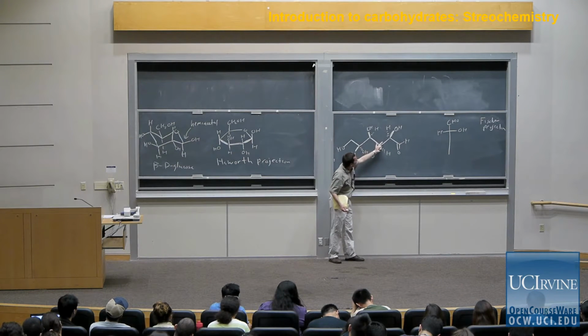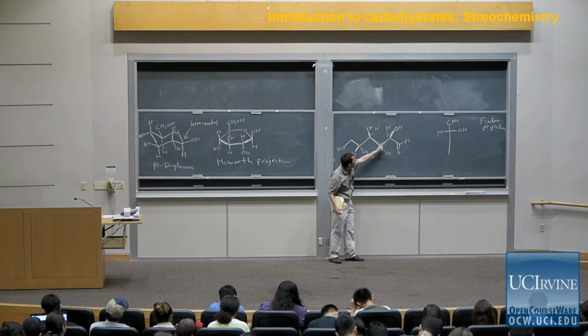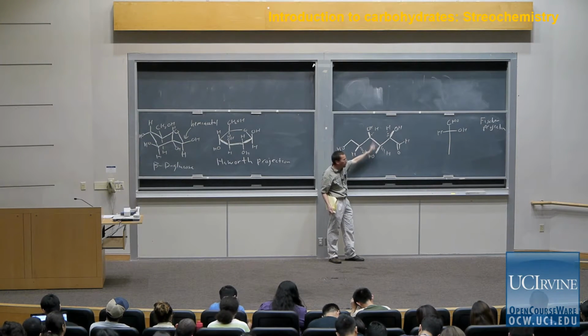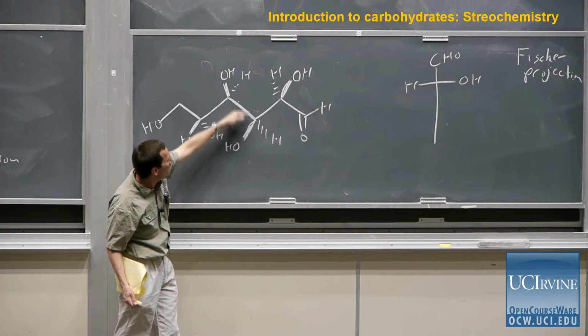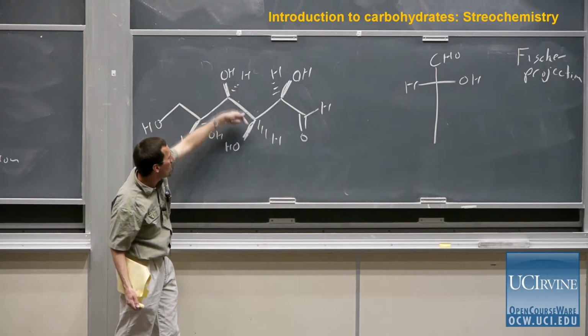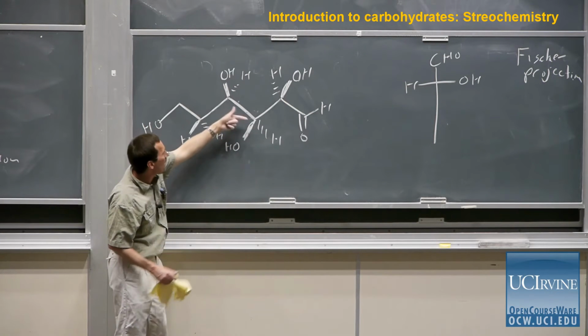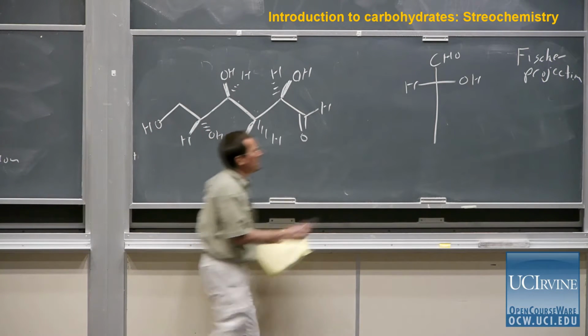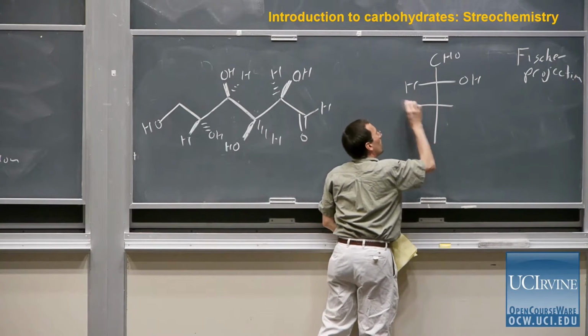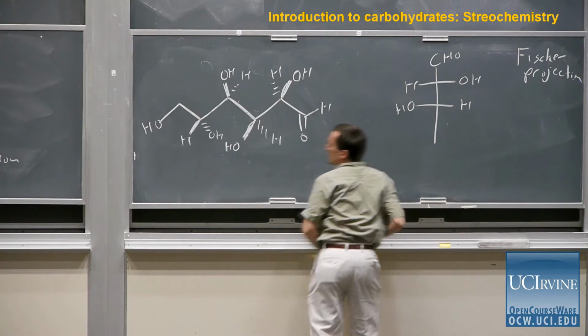So you would have to imagine as we continue, we're going to rotate about this bond 180 degrees, bringing it down. That's going to throw the OH pointing out, pointing back on the other side. So we're going to rotate 180 degrees, like so.